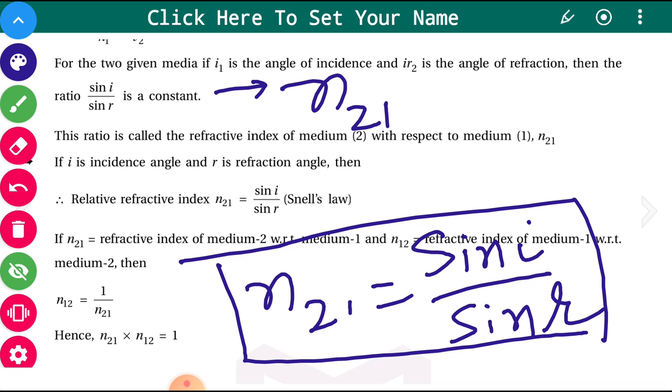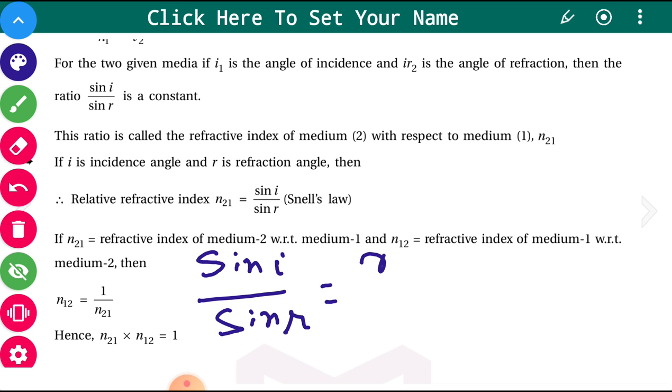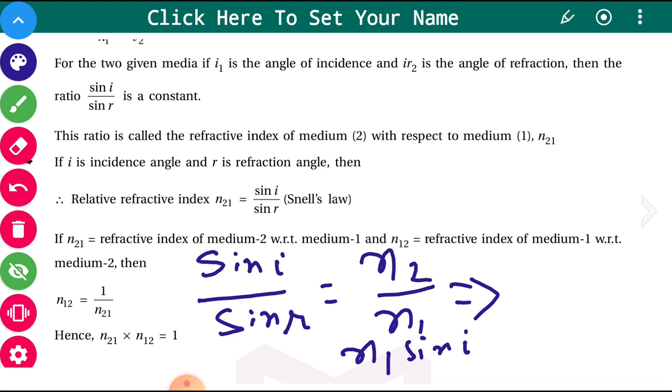n2 upon n1 is sin i upon sin r, or we can say n1 sin i is equal to n2 sin r. That is again Snell's law which we have studied. So sin i upon sin r is equal to n2 upon n1, and this becomes n1 sin i is equal to n2 sin r.